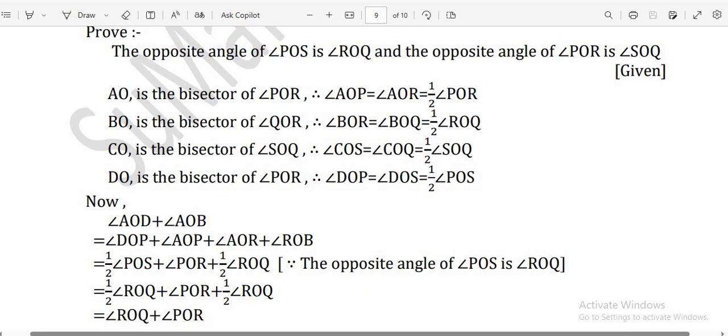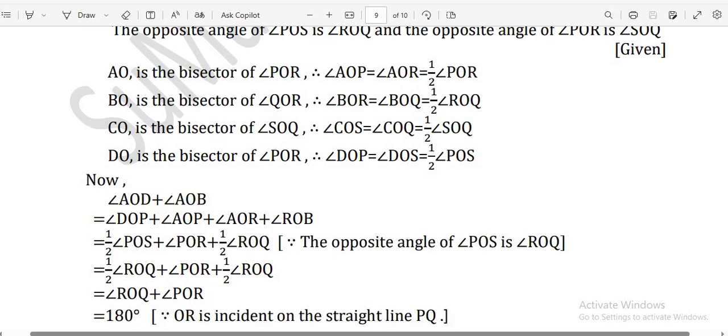Now, angle AOD plus angle BOC is equal to angle DOP plus angle AOP plus angle AOR plus angle ROB, which is 1 by 2 angle POS plus angle POR plus 1 by 2 angle ROQ. The opposite angle of angle POS is angle ROQ.